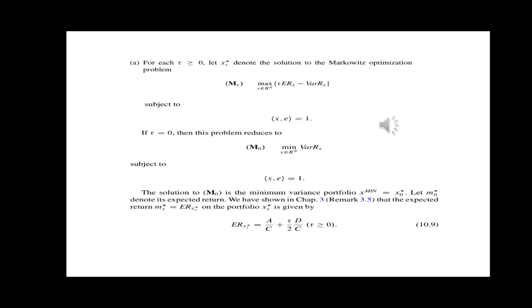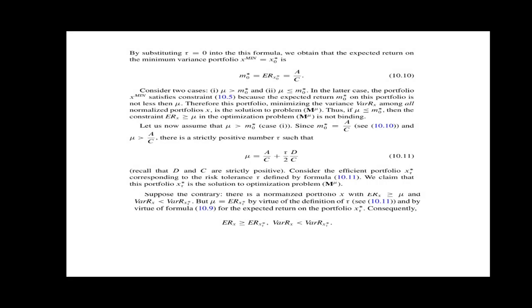We have shown in chapter 3 that the expected return m tau star equals E[R_x tau star] on the portfolio x tau star, which is given by a by c plus tau divided by 2d divided by c, where tau is greater than or equal to 0. Substituting tau equals 0 into the formula, we get m naught star equals E[R_x naught star] equals a by c.